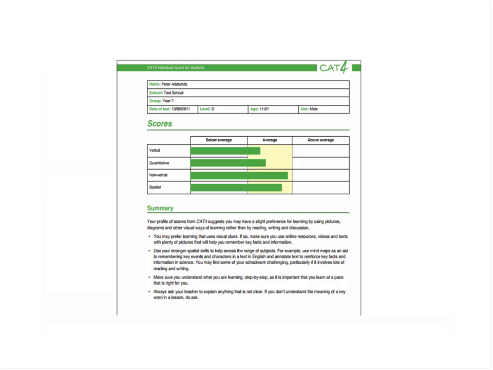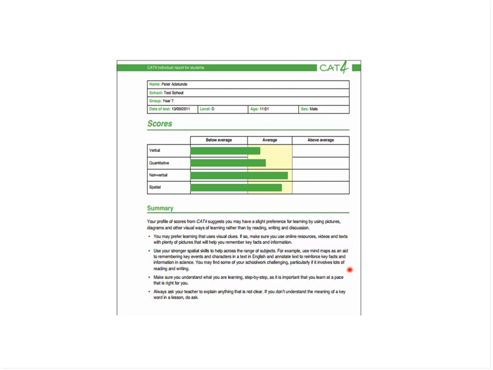So apologies, this is quite small, but it's really just to give you a flavour of the individual report for students. There's also one available for parents. So this student one stripped out educational jargon. This is very much written for the student to allow them to understand more about themselves, more about the way that they actually learn.